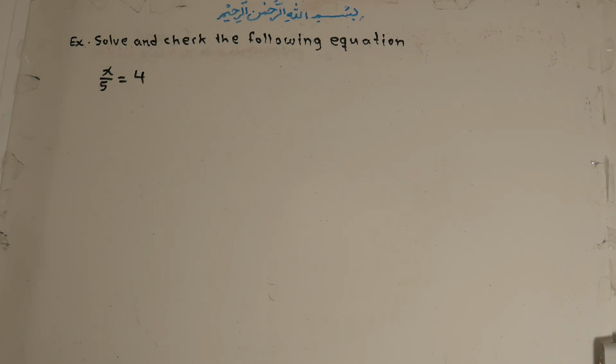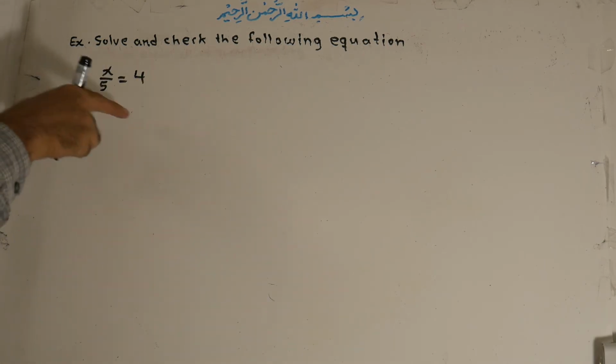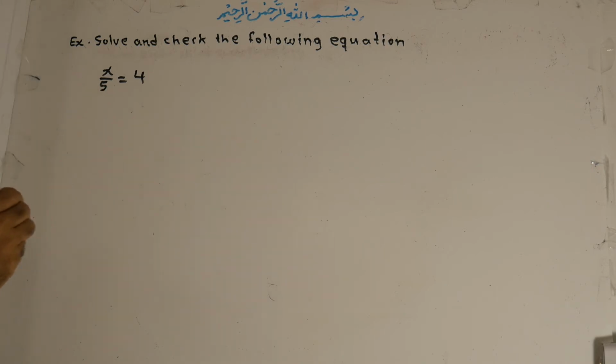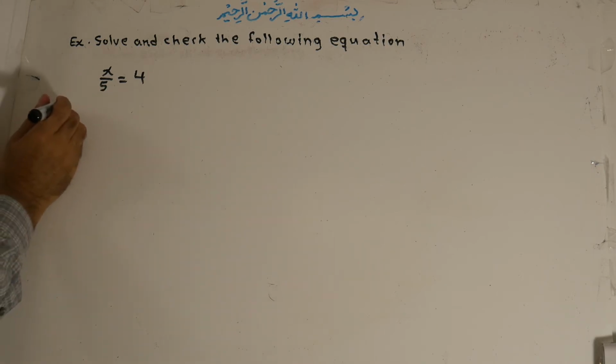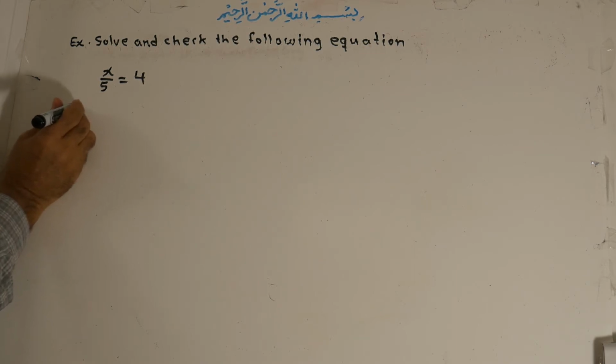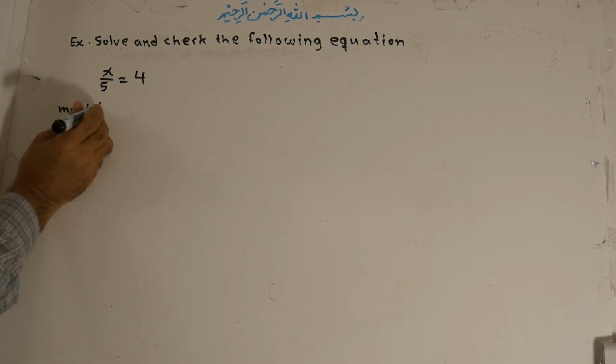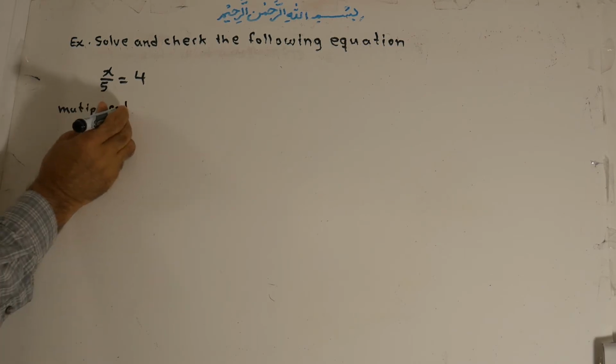It means that it's in a division condition with the x. To keep the x alone, we should multiply both sides by 5, so the 5 cancels with the 5, according to the multiplication axiom.